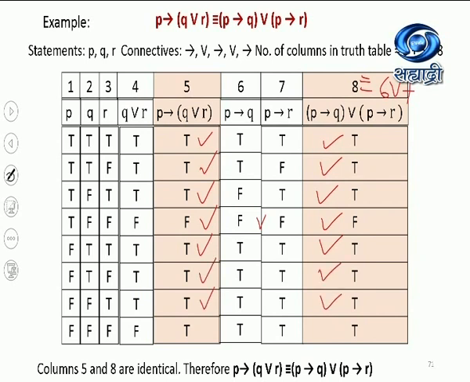In equivalence, every 2 entries in the concerned or related columns must be the same. Randomly will not work. Now I can conclude that column 5 and column 8 are identical. Therefore, P implies Q or R is equivalent to P implies Q or P implies R.